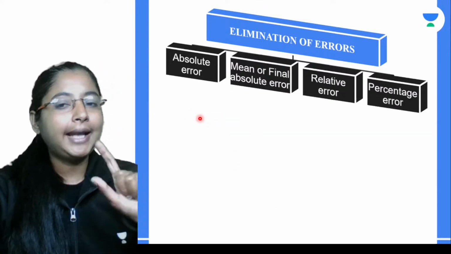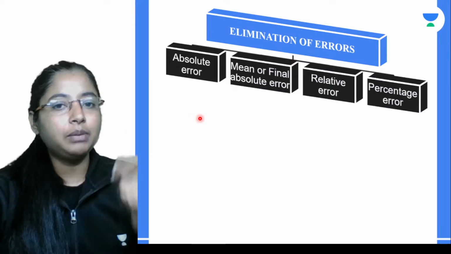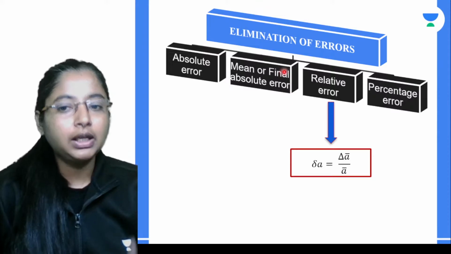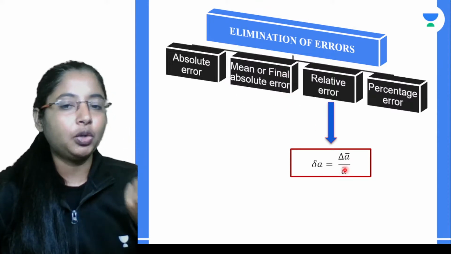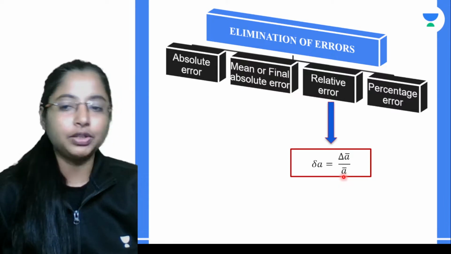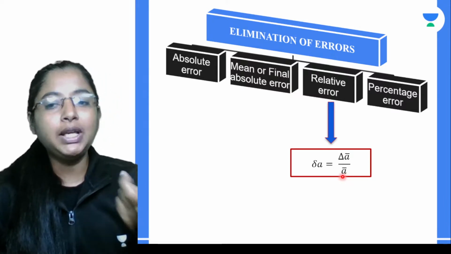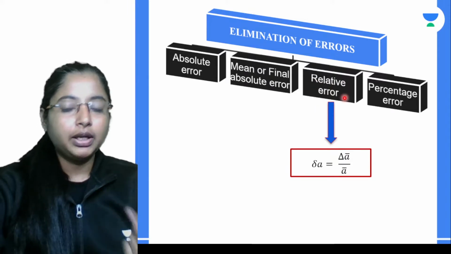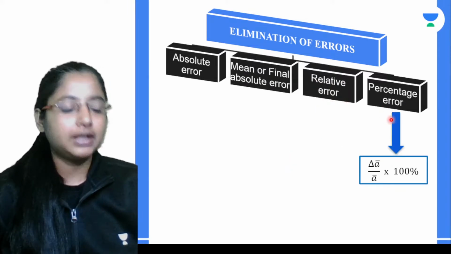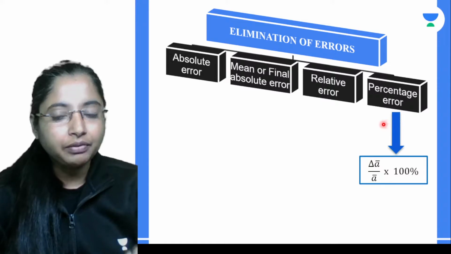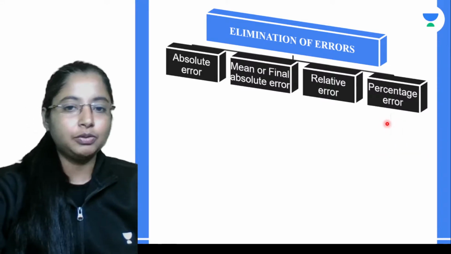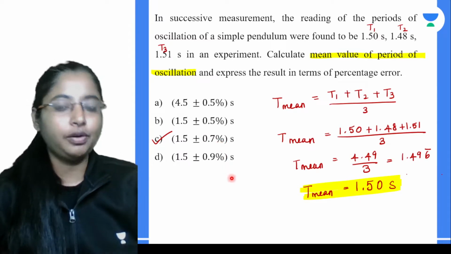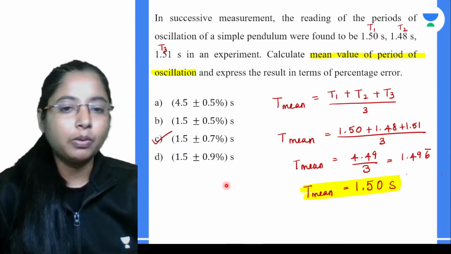Finally, take a ratio between your mean absolute error and the actual value of the quantity, that is the mean of the measurements you've taken. That will give you relative error. Now multiply it by 100%, that's it, percentage error. You always express the error as actual value plus or minus, either in percentage error or in terms of absolute or relative error, however the question is asked.